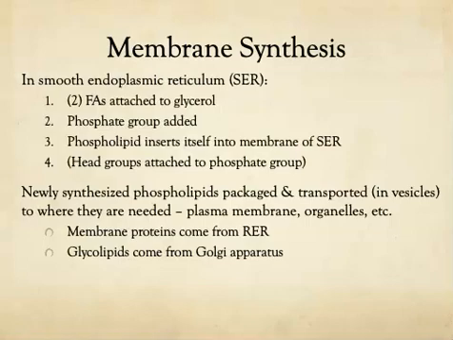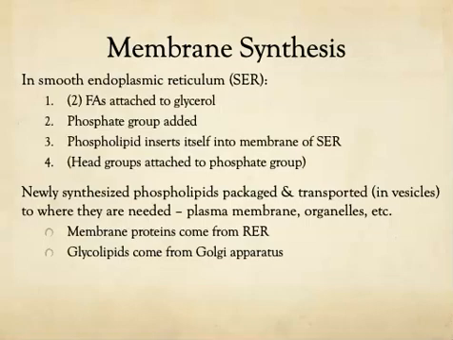Let's switch gears now and start talking about how phospholipids get assembled. How do they get put together in order to build membrane? If you recall from our discussion of organelles, lipids are generally synthesized in the smooth endoplasmic reticulum, or the SER.